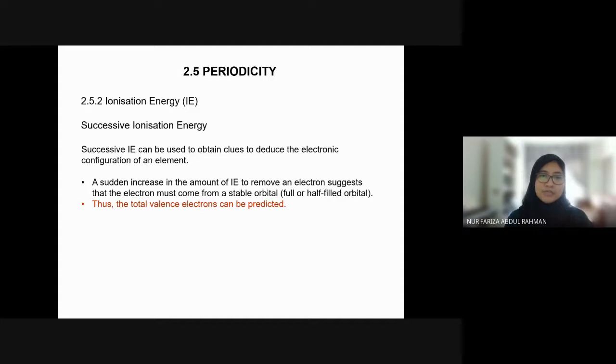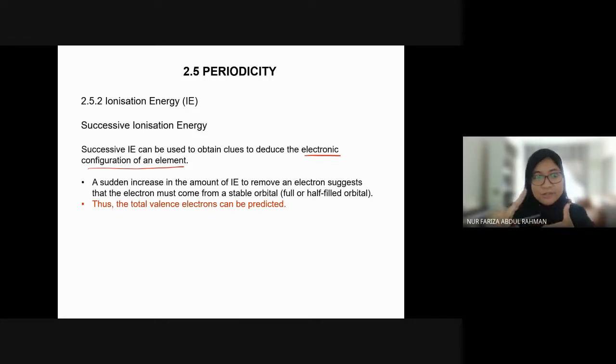Successive IE can be used to obtain clues to deduce the electronic configuration of an element. So we can use this information to deduce ataupun to predict the electronic configuration of an element. Once we know the electronic configuration, that means we will know the group, the valence electron, betul tak?